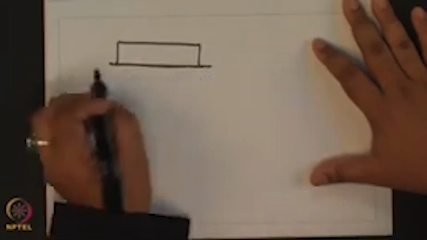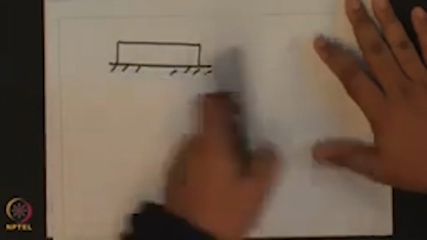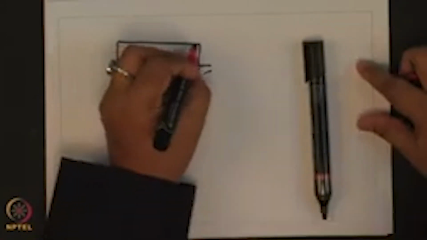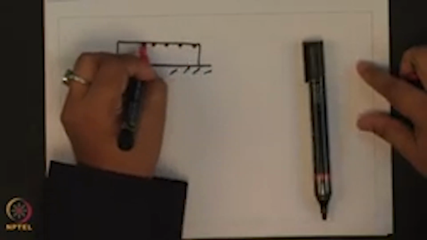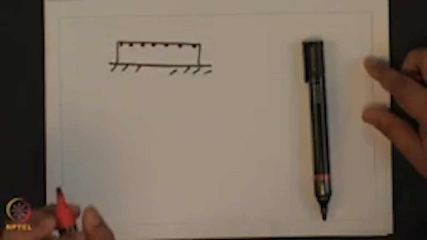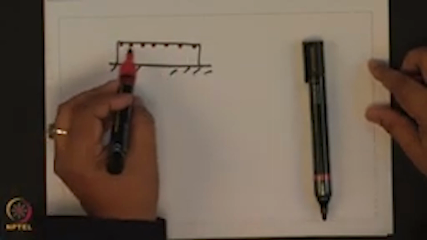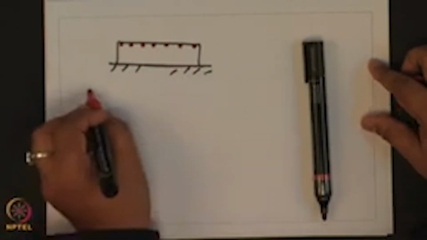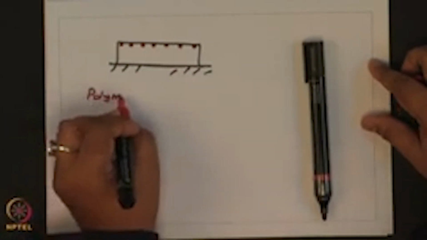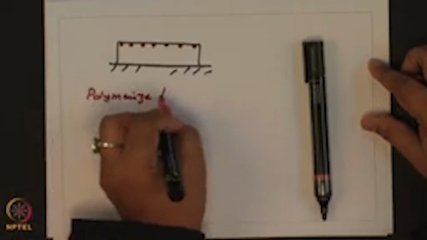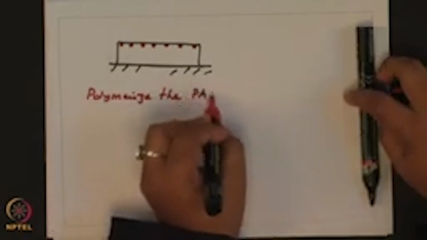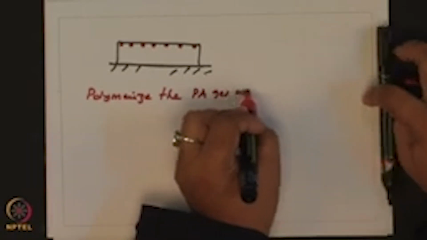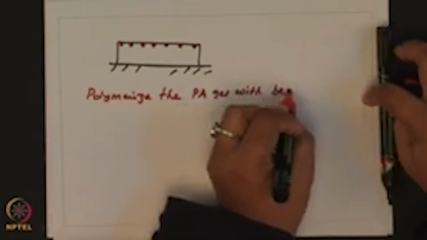is, in the PA gels or PDMS gels that you fabricate, you put some fluorescent beads on the surface. Okay. And how do you get these beads on the surface? You polymerize the PA gel, polyacrylamide gel, with beads inside.